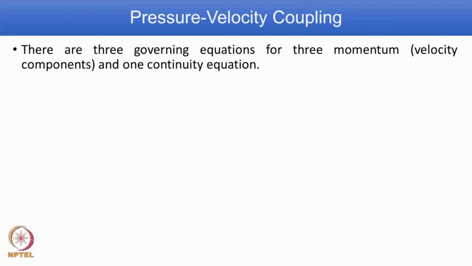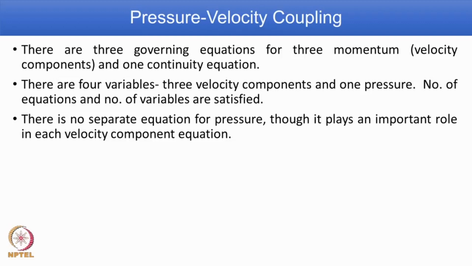So, in governing equations, there are 3 governing equations, one for each velocity component, and you have one continuity equation. There are 3 variables for 3 velocities and 1 for pressure. So, in total there are 4 variables, number of equations 4, number of variables 4, hence it is satisfied.